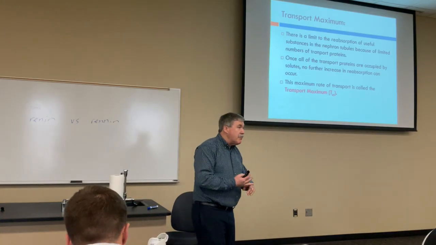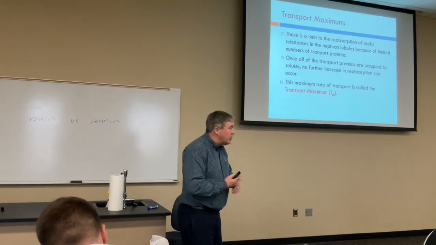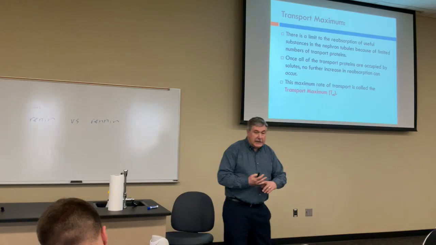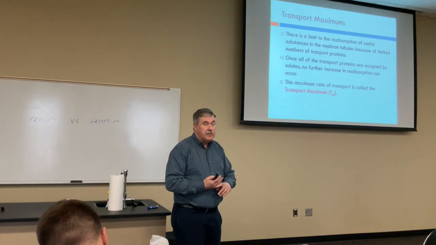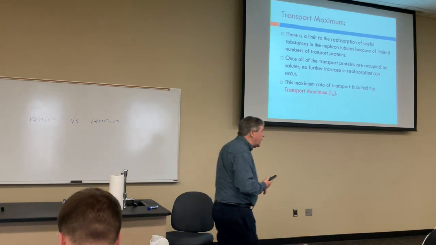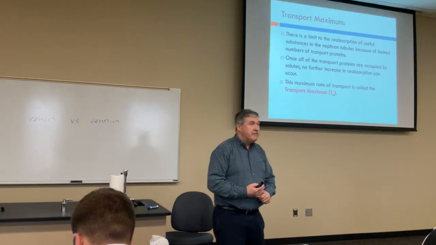Because there's a transport maximum for glucose, there's a finite number of glucose transporters. The kidneys can't reabsorb all the glucose that's been filtered. And since it can't reabsorb all the glucose that gets filtered, some of the glucose stays in the filtrate and it gets excreted with urine.